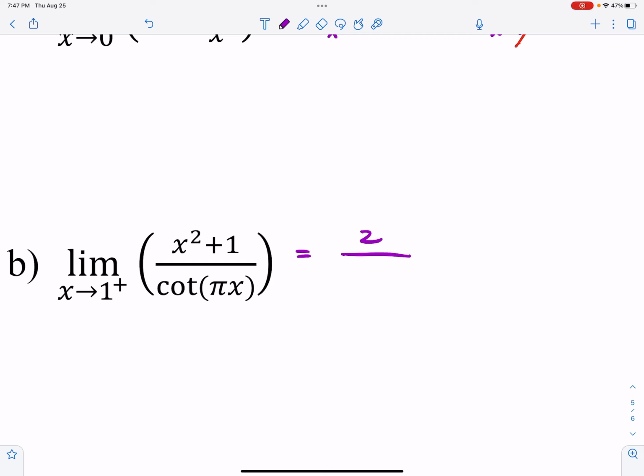And thinking about the graph of cotangent as x approaches 1 from the right, that would end up being positive infinity.